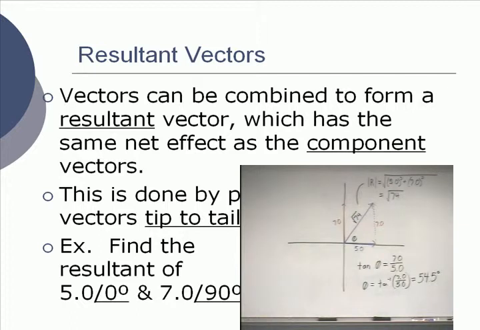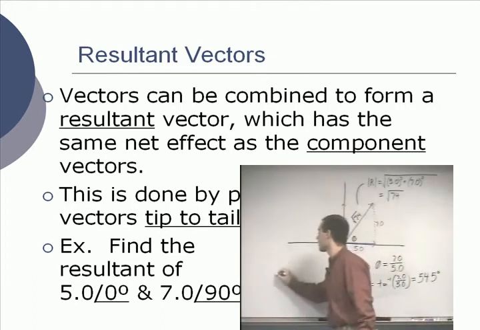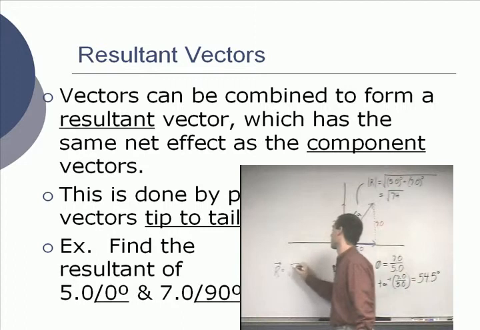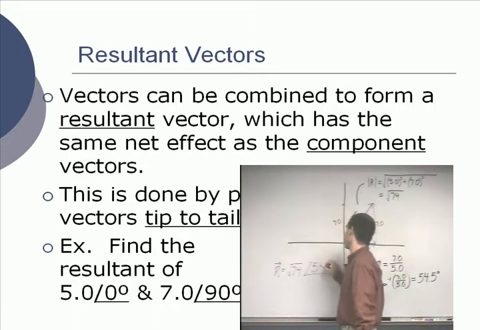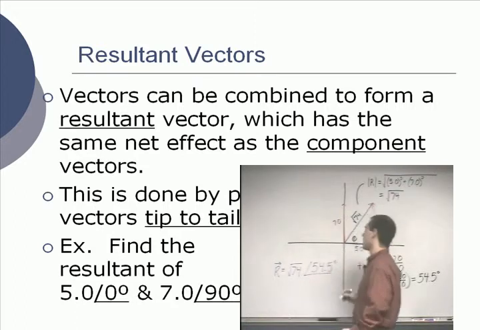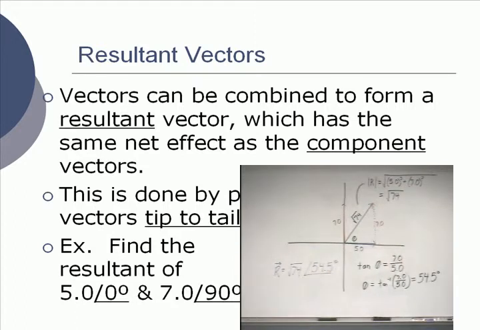And so our resultant vector is the square root of 74 at an angle of 54.5 degrees. We found the resultant. We're done.